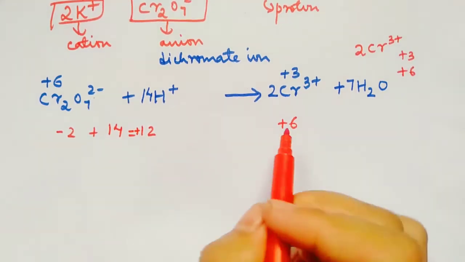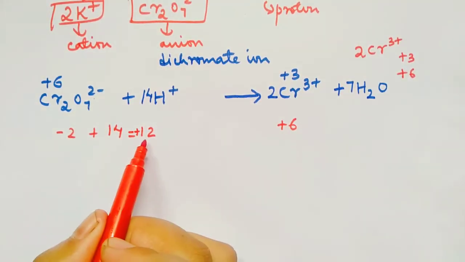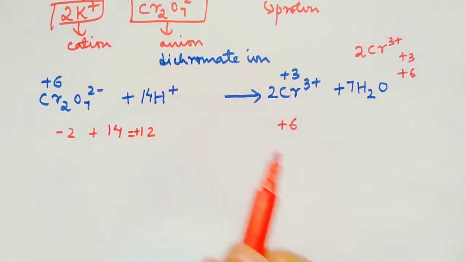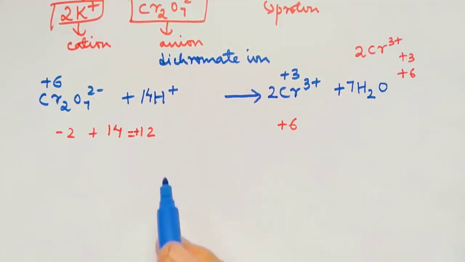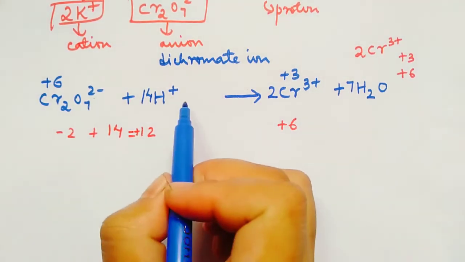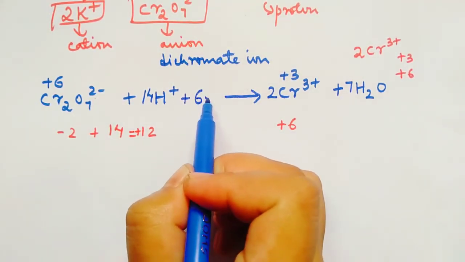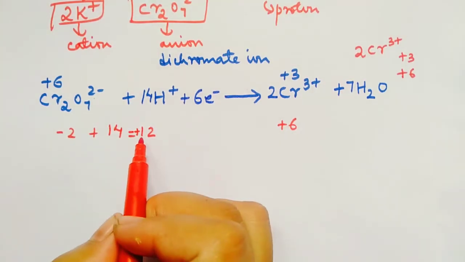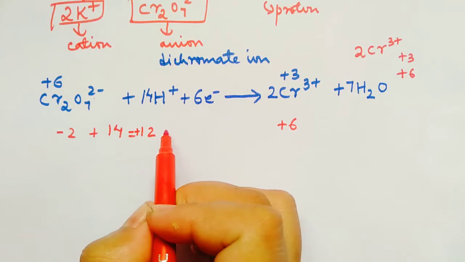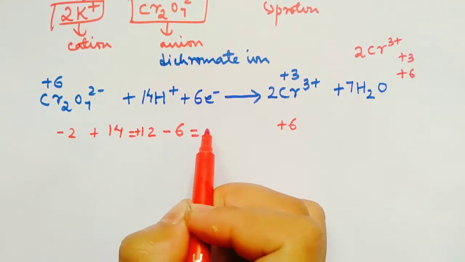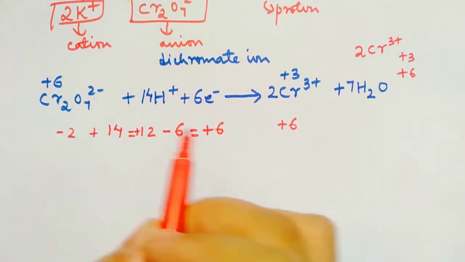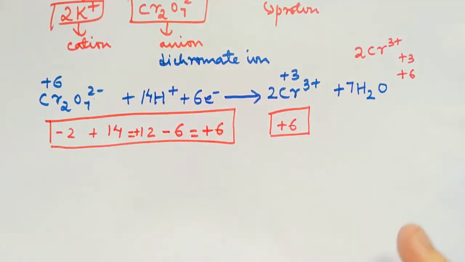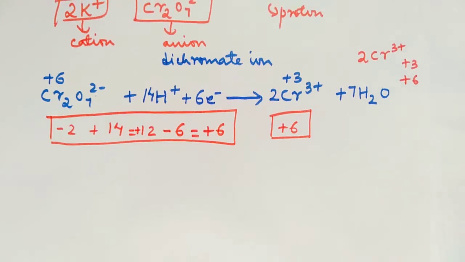Here it is +6, here it is +12. So we see that the charge is not balanced. So what do we do in order to balance these two sides? We add 6 electrons. Once you add 6 electrons, you have +12 with -6, which is actually +6. Now you see that both sides are balanced in terms of charge, right? So this is your first trick.